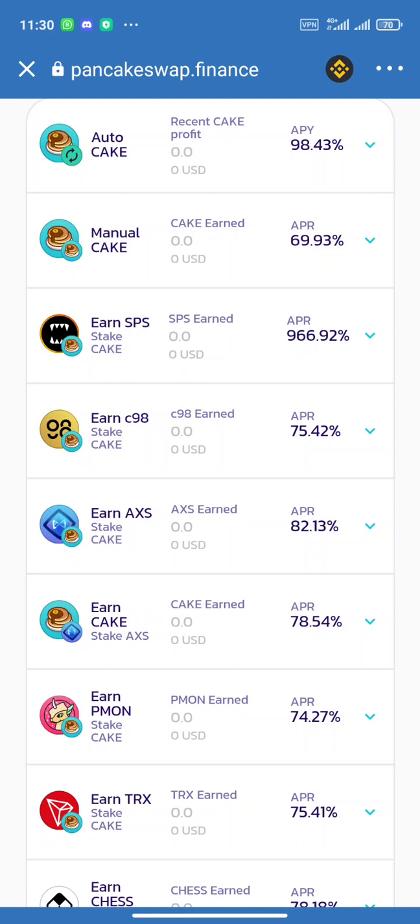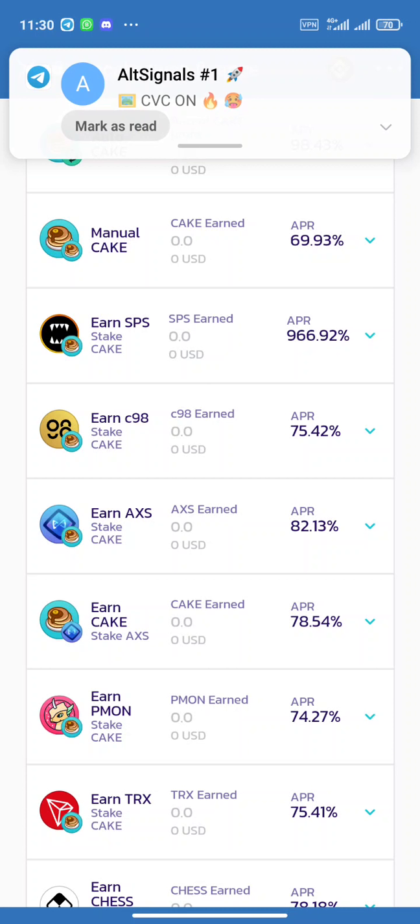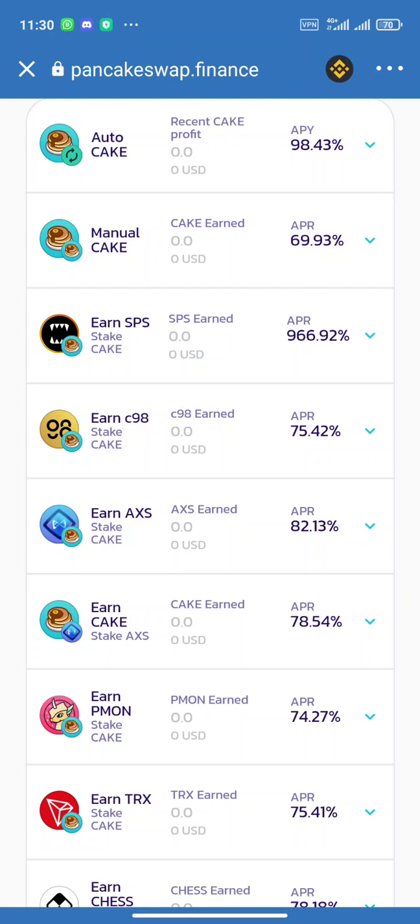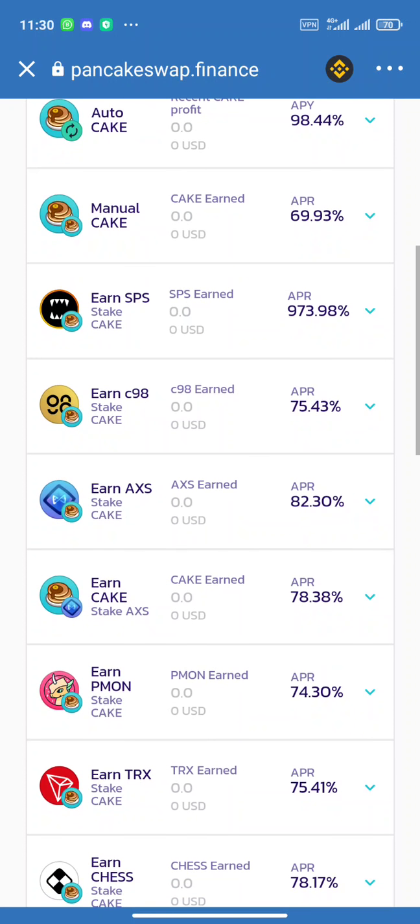So if more people join the pool, the quantity of reward you earn will start dropping. So it's important that you come here often to see which tokens were just added, and if their APR, which is annual percent return, is high enough.